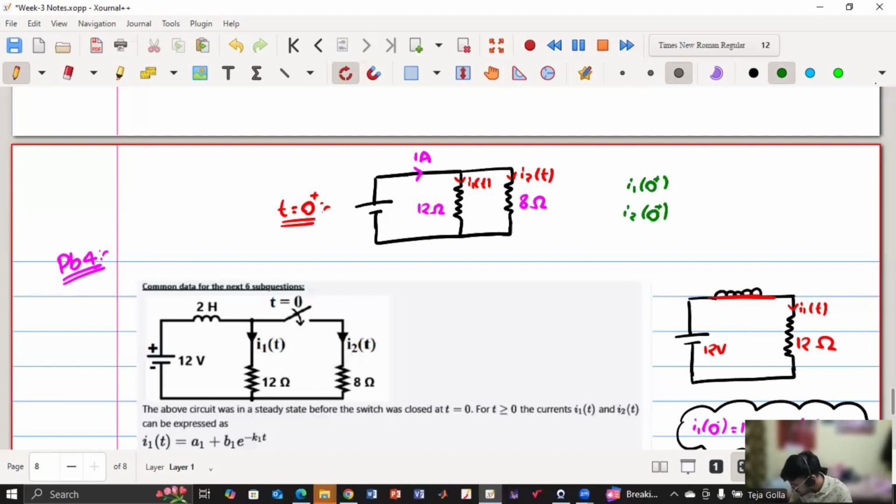It's a resistive divider, right? Just after t equals to 0 plus. You just do it and tell me. I1 is 0.4, I2 is 0.6. Okay. This is 0.4. This is 0.6.